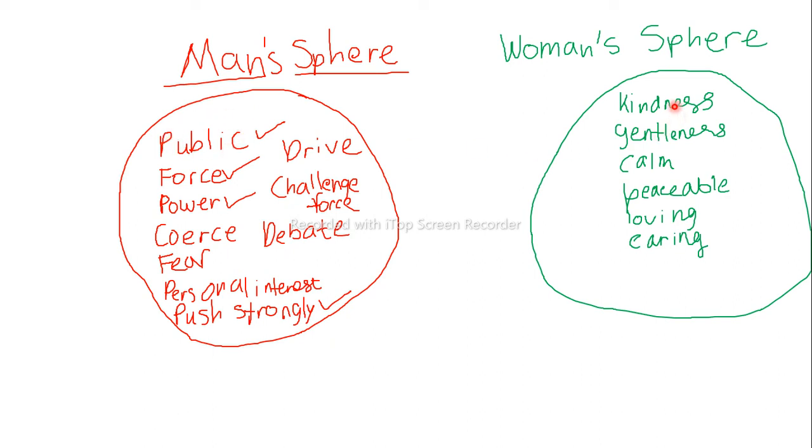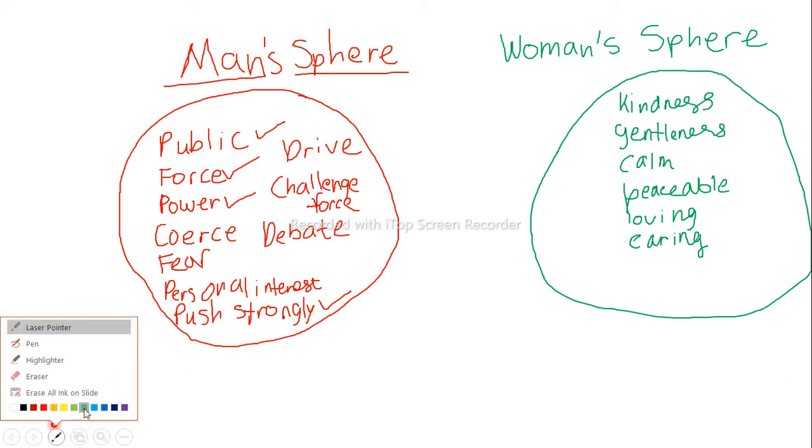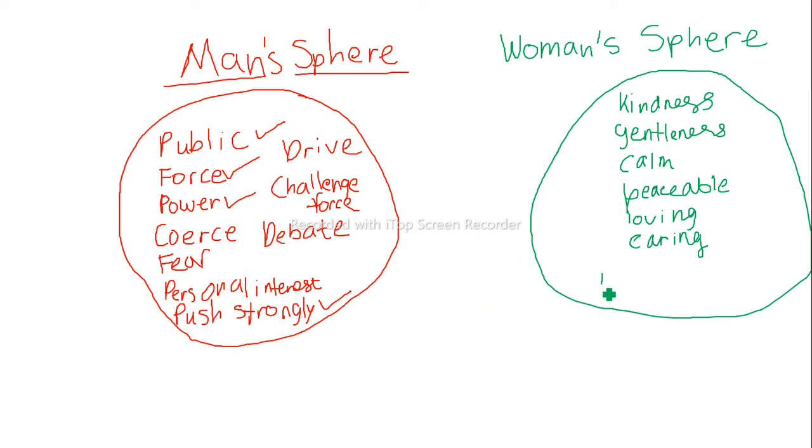And she's saying that women in their sphere, the only thing that they have is kindness, gentleness, calmness, peaceableness, and they only could interact in the domestic space. When we say domestic, what do we mean? Home. In the home. Indoor activities. So, all right. So that's her point. Do we agree with her?